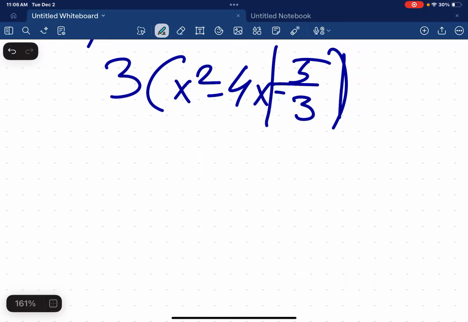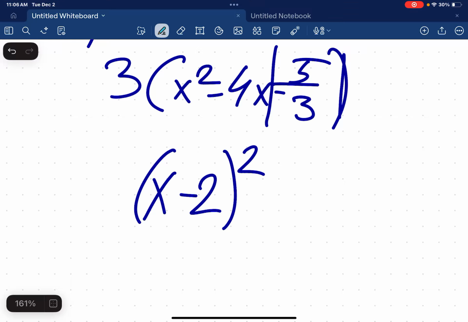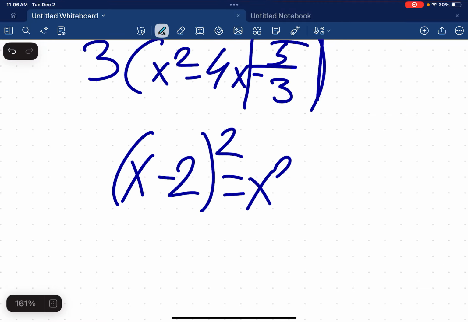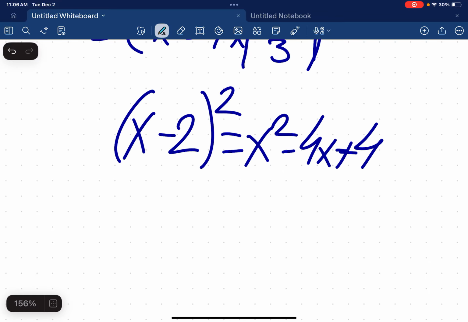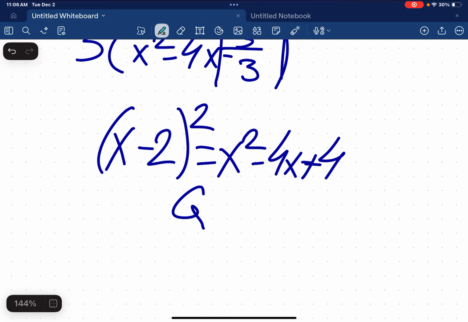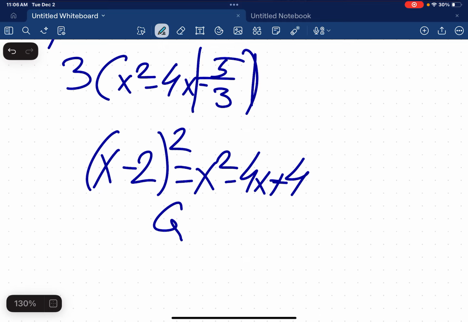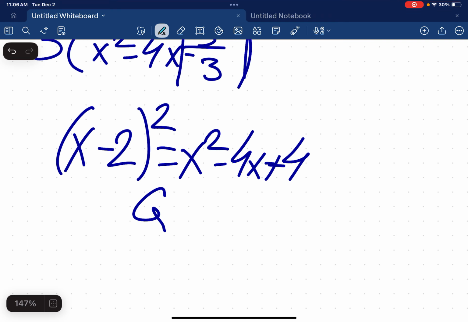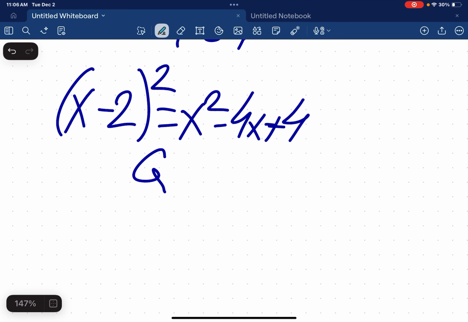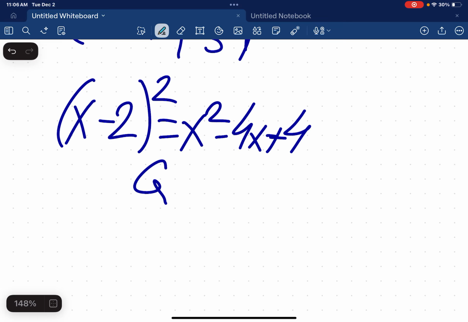Okay, now we're going to separate this equation. X squared minus 4x, get that from a quadratic here, is going to be x minus 2 squared. The issue is that this equals x squared minus 4x plus 4. So in our equation, we're going to have to get rid of that 4 and get a negative 5 over 3. So we're going to rewrite it like this.